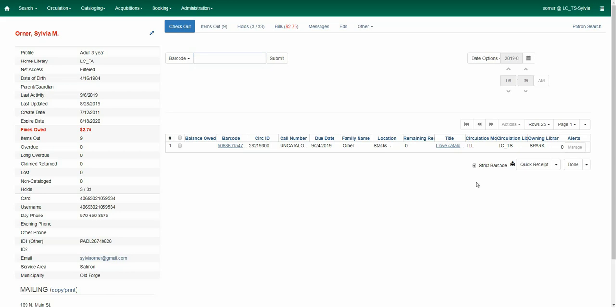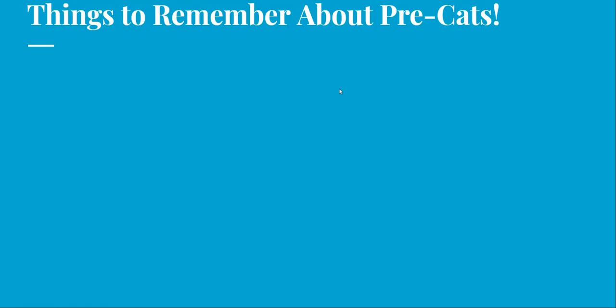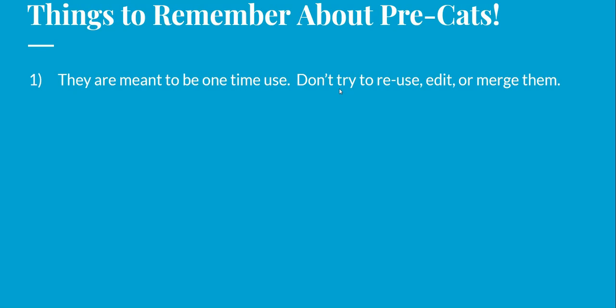So really quick, just a couple things that I want you to remember about pre-cats. They're generally meant to be one-time use only, so as much as you can, don't try to reuse them, don't try to edit them, don't try to merge them, because again, it can cause headaches further down the road.